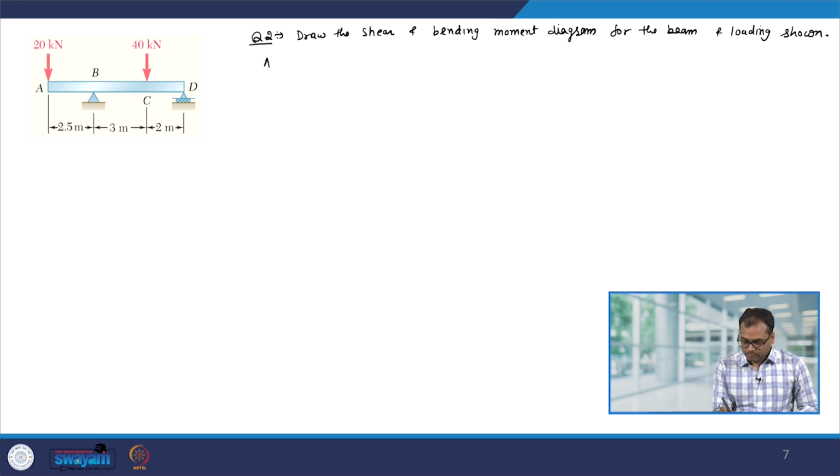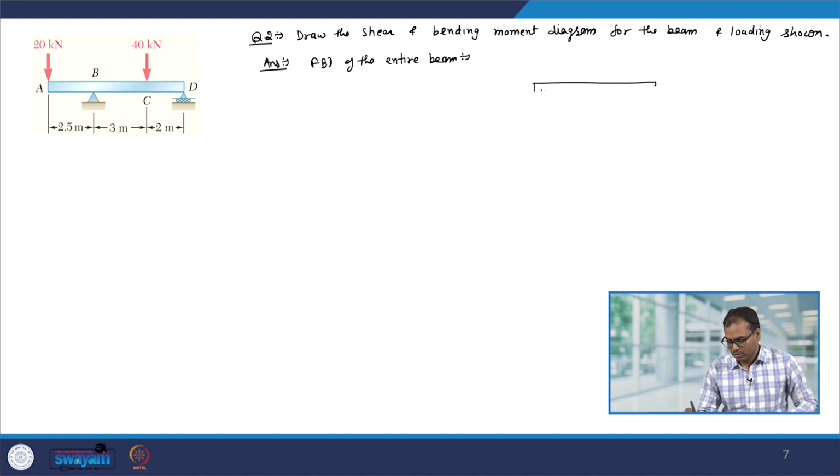So, as we did previously, first let us find out the reaction forces, and for that let us consider the free body diagram of the entire beam. So, we have this beam. At point A, you have an external loading of 20 kilonewton.